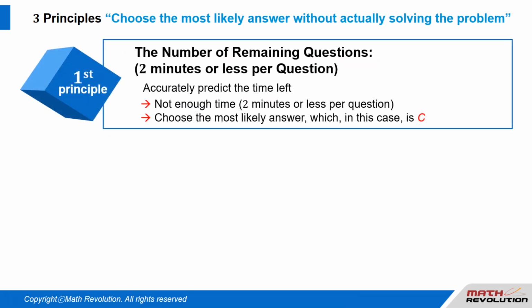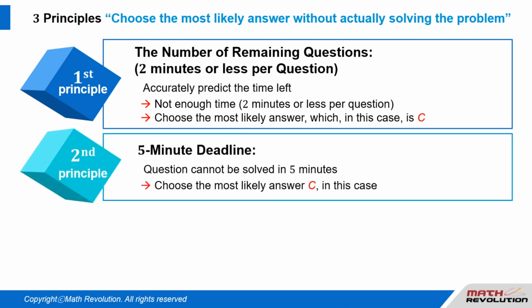First principle, the number of remaining questions times 2 minutes or less per question. If you have limited time left, consider the option of choosing the most likely answer, which, in this case, is C. Second principle, 5-minute deadline.